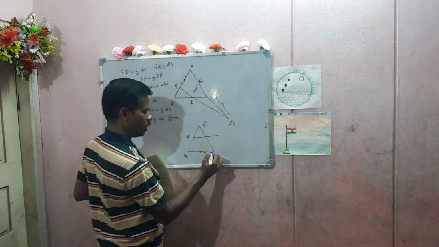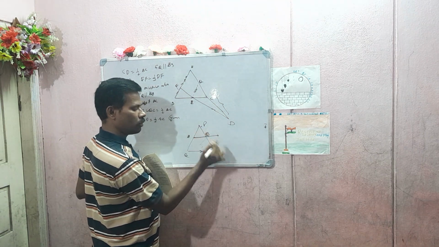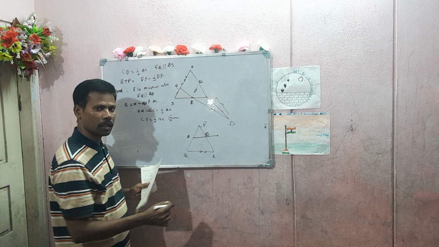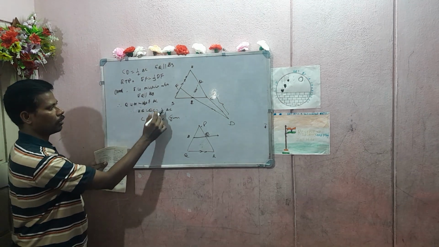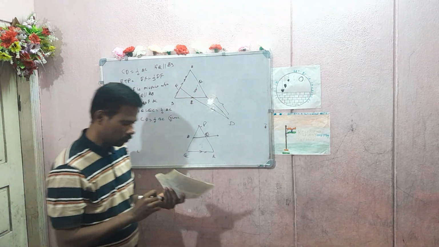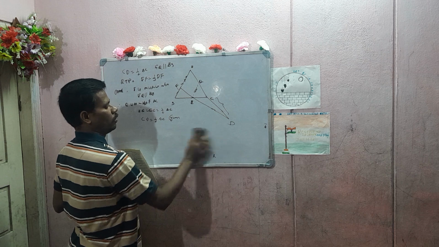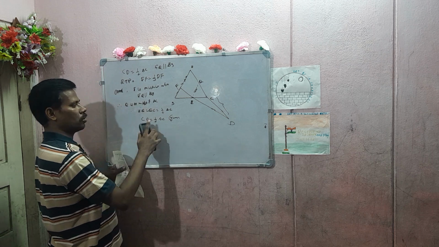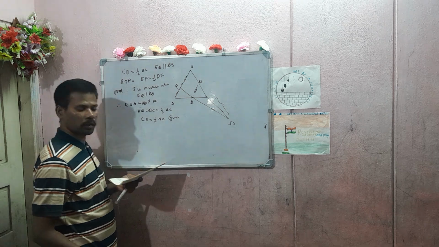That is the theorem. So AQ is equal to QC is equal to half of AC, and CD is equal to half of AC, given.